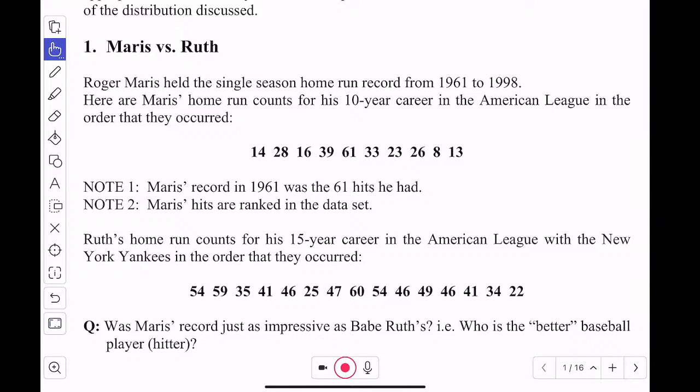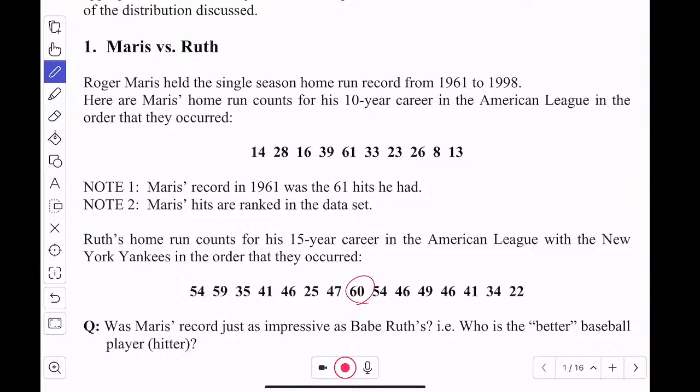We have two famous baseball players, Roger Maris, who had a career from the 60s to almost the 80s. And we have Babe Ruth, who had his career in the 30s and 40s. So Babe Ruth held the record as the greatest baseball hitter of all time because he had 60 home run hits in a season.